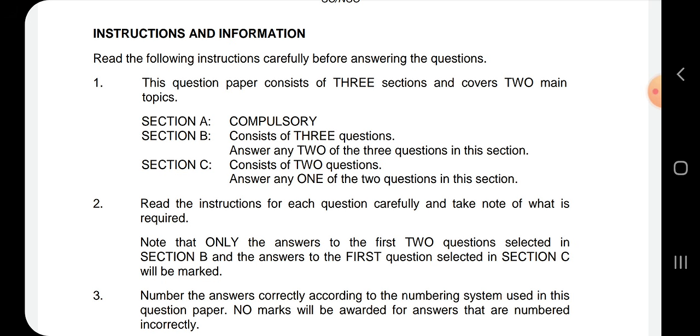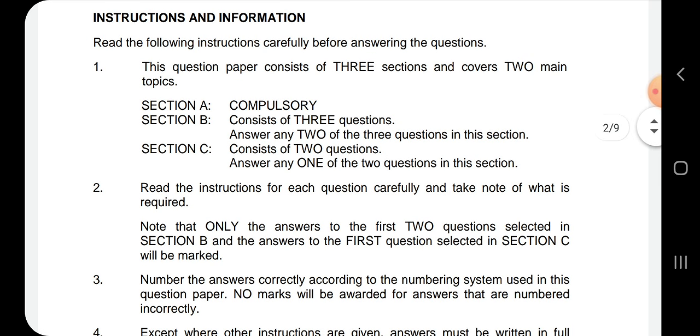Question number 4 is a combination of question 2 and question 3. Okay, so we have business operations and business ventures in question 4. All right, so that's what you do. You check whether you know a lot of question 3 or a lot of question 2. And if you can see that my business venture is not really good, then skip it and go to question 4, where you will answer again.